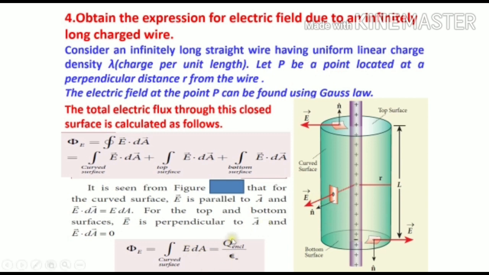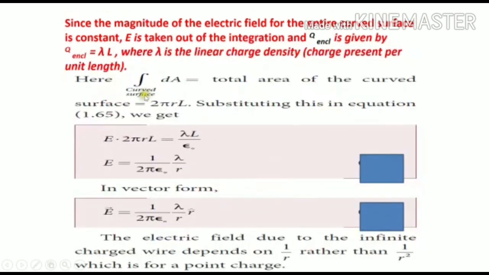So using this law we write Q enclosed by epsilon 0. The magnitude of the electric field over the entire curved surface is constant, so E is taken outside the integration. Q enclosed is given by lambda L, where lambda is the linear charge density.